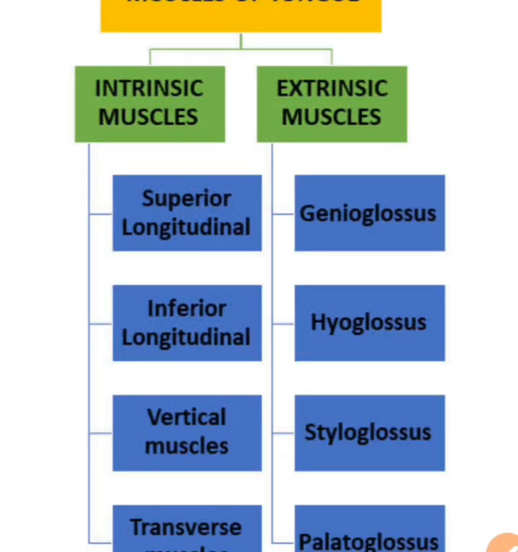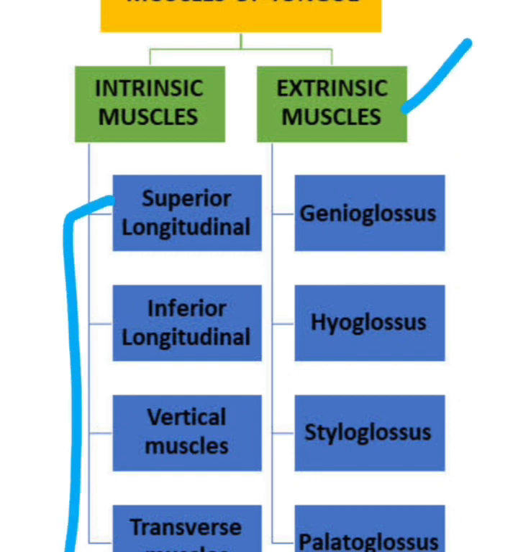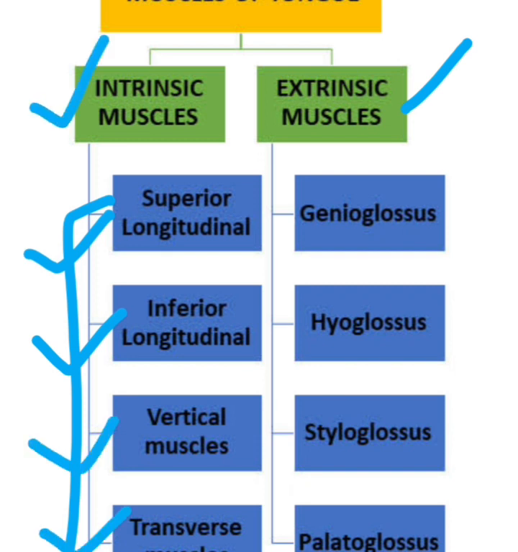Okay, so these are the muscles of the tongue, intrinsic as well as extrinsic. There are 4 types of intrinsic muscle: superior longitudinal muscle, inferior longitudinal muscle, vertical muscle and transverse muscle. What is the role of intrinsic muscles?